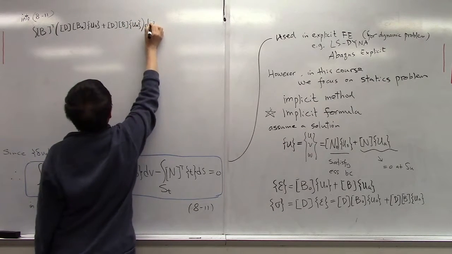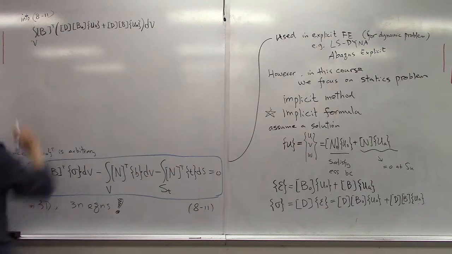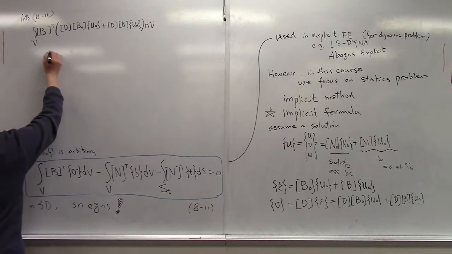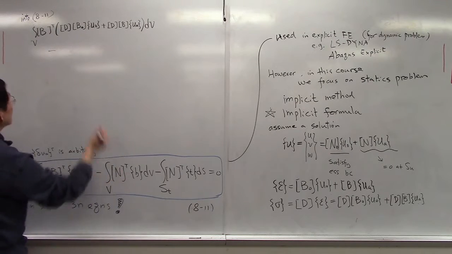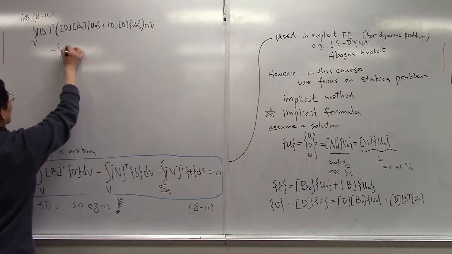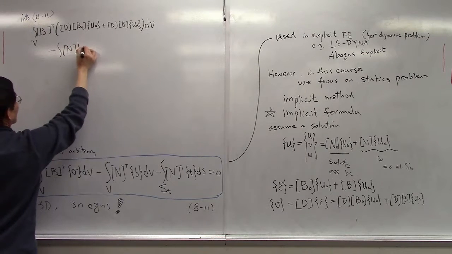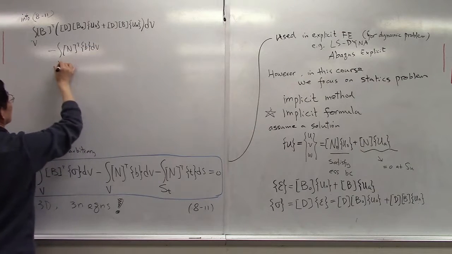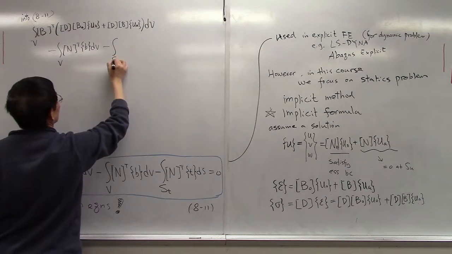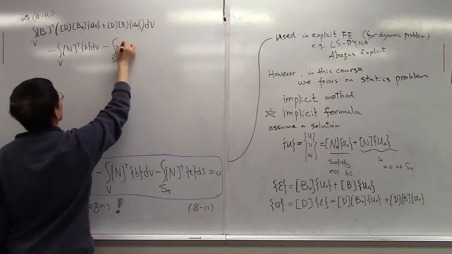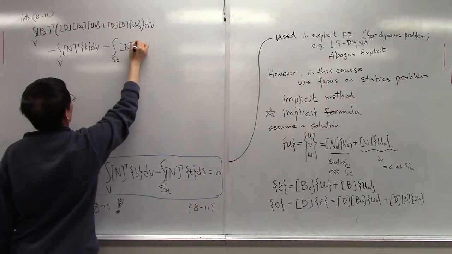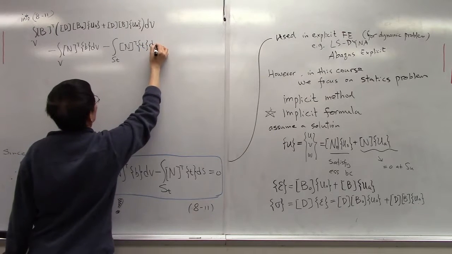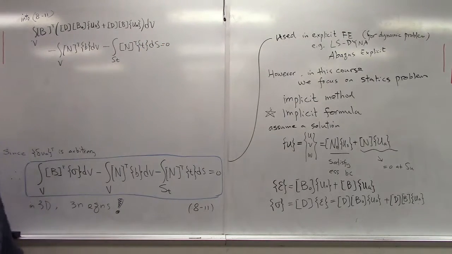This whole thing integrates with respect to volume, and then minus this thing, N transpose B dV over V, minus the S integral of N transpose T dS, equals 0. Okay?